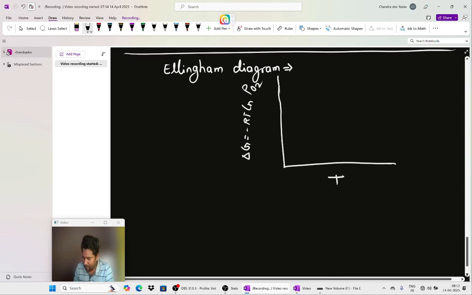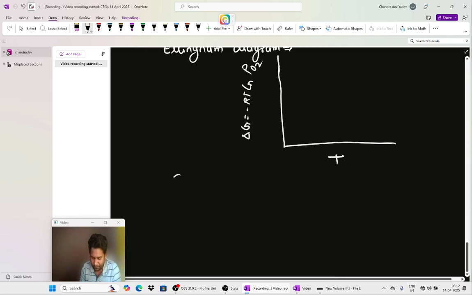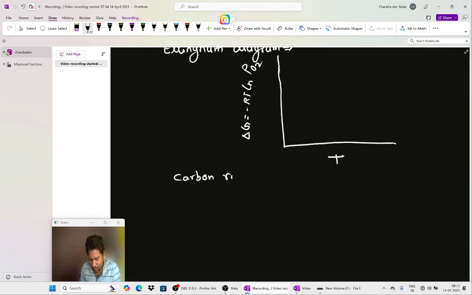We know that the Ellingham diagram explains metal oxide reduction known as carbon reduction, meaning reduction of metal oxide with the help of carbon.